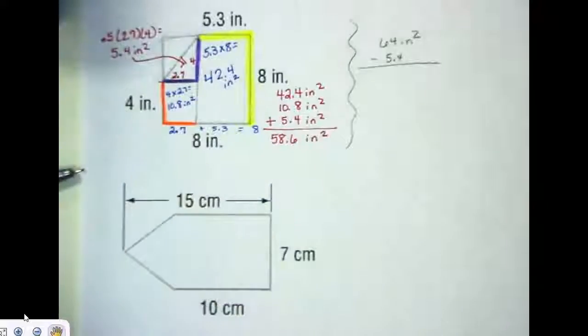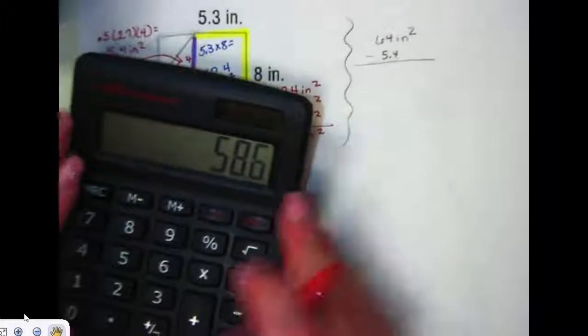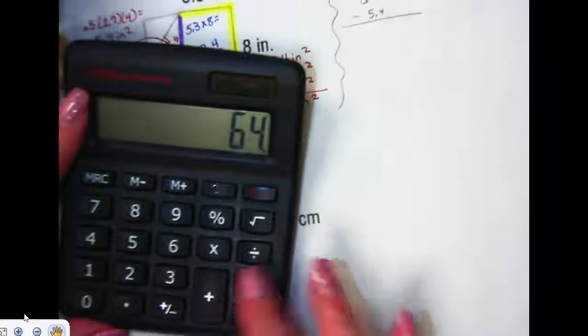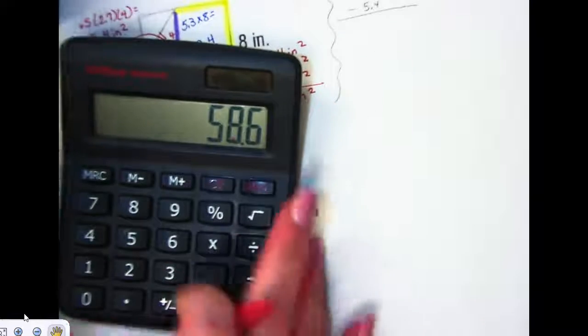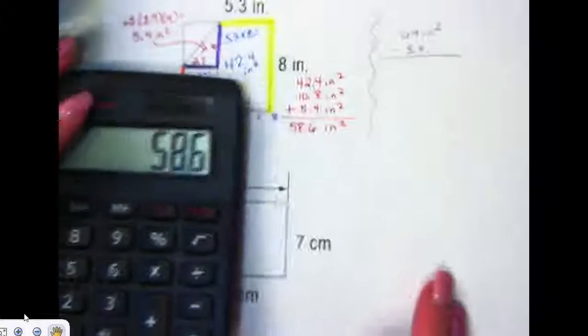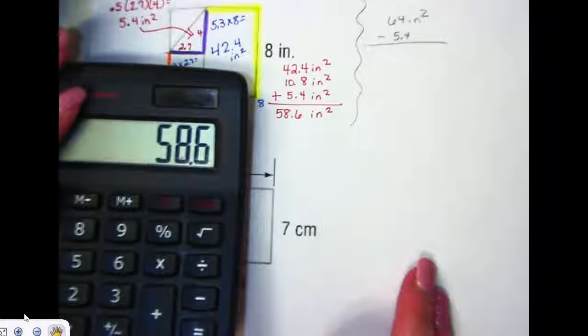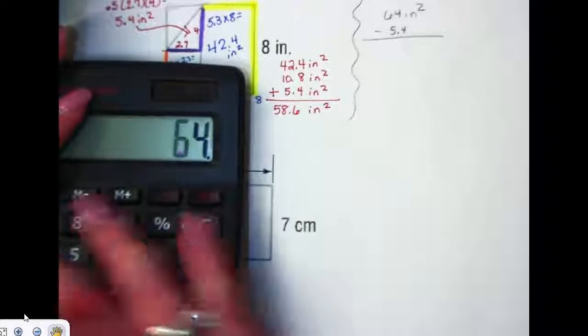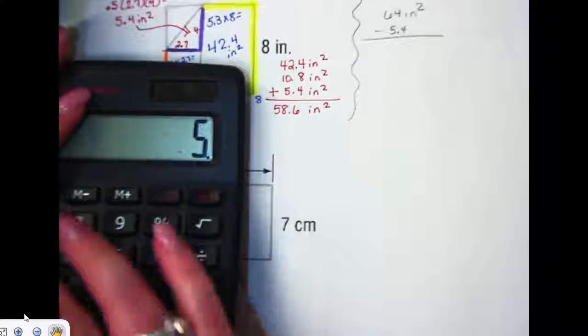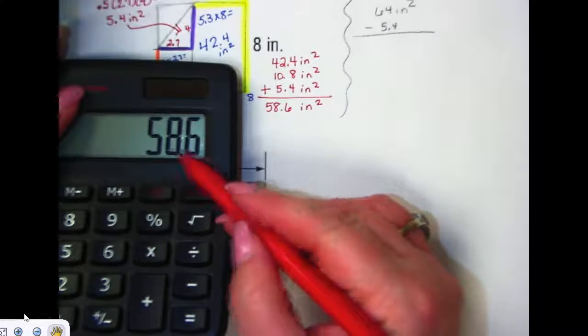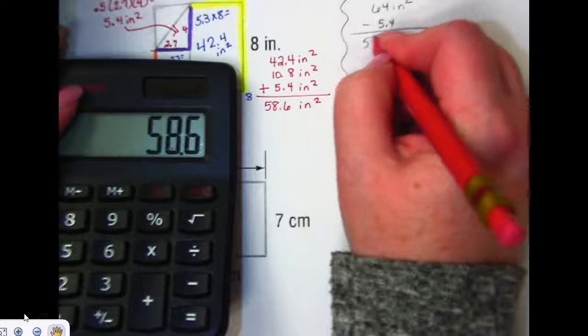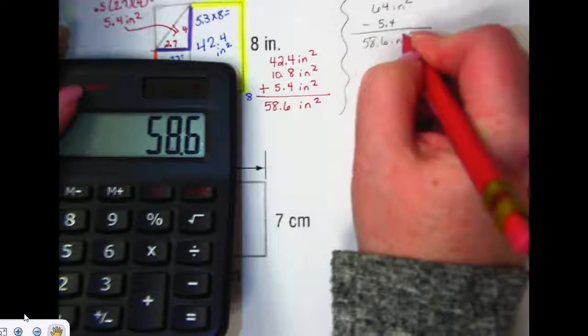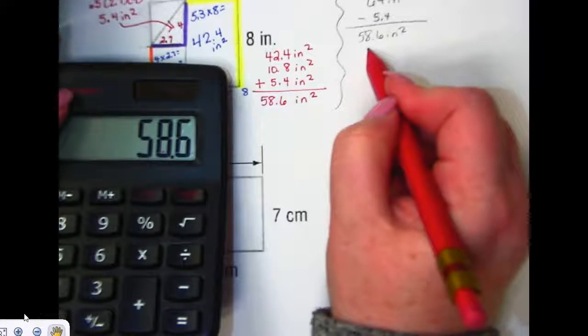And what do we get? You get the same answer. 64 minus 5.4, and you get 58 6/10 inches squared. Is that the same thing that we got there?